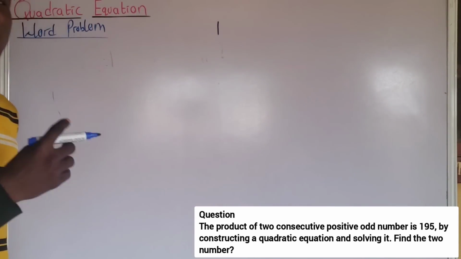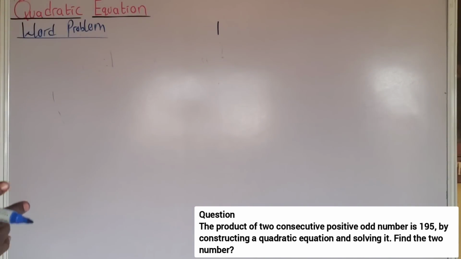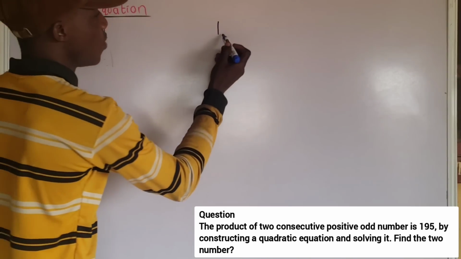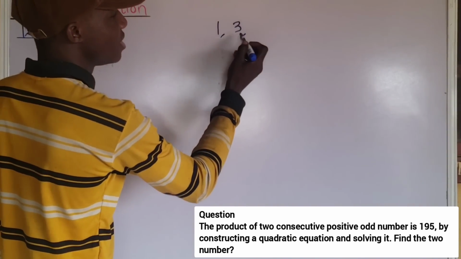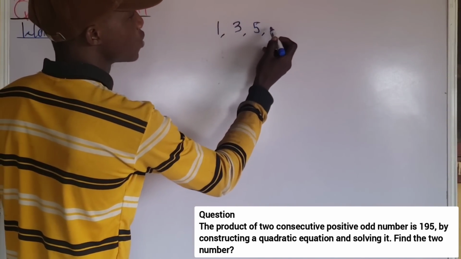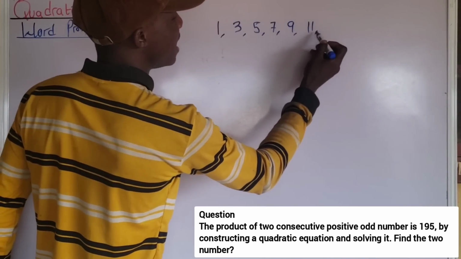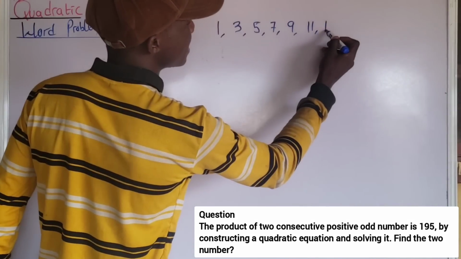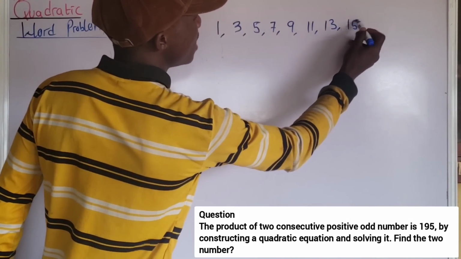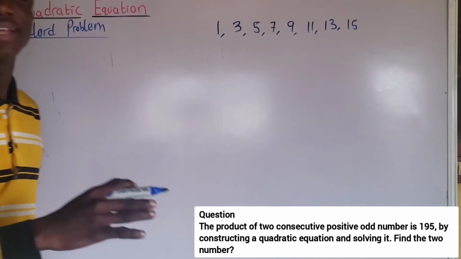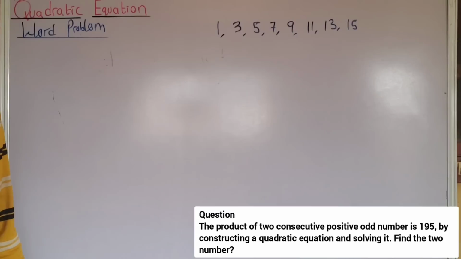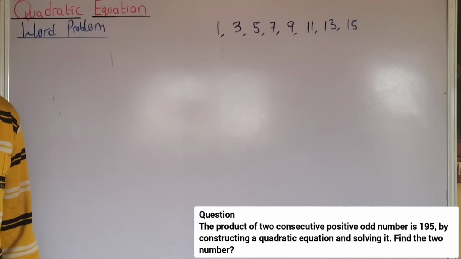What will be the second consecutive odd number? That will be 3. 1 plus 2 is 3. 3 plus 2 is 5. 5 plus 2 is 7. 7 plus 2 is 9. 9 plus 2 is 11. 11 plus 2 is 13. 13 plus 2 is 15. So these are odd numbers and they differ by 2. That is the first thing that I want you to take note of.